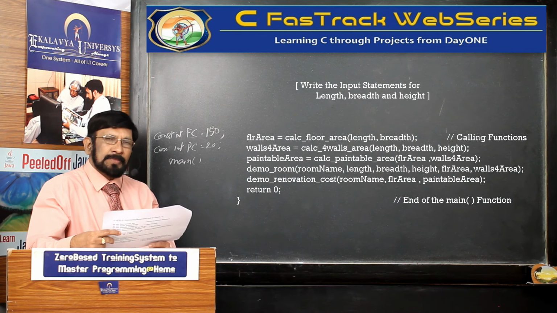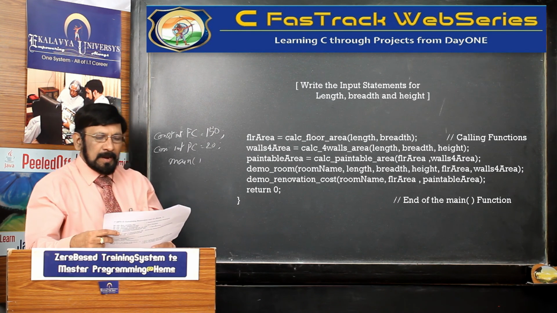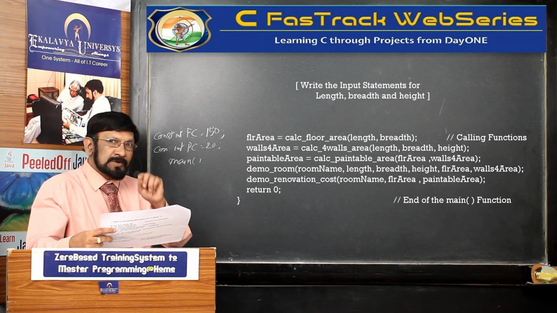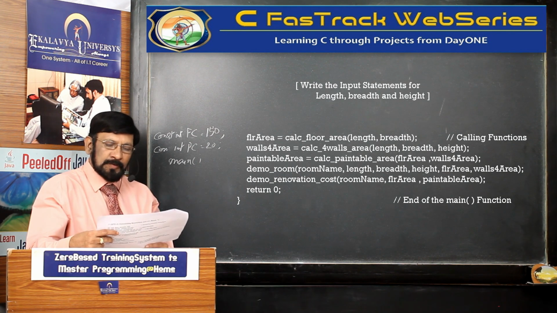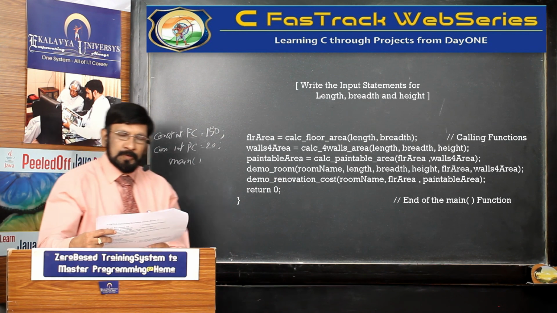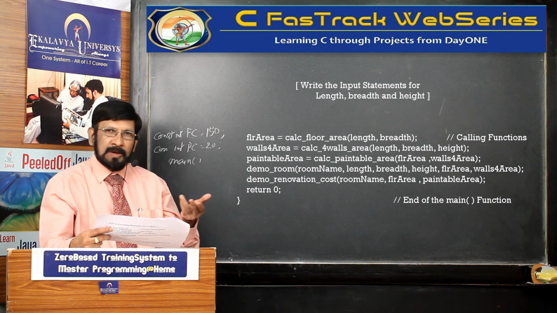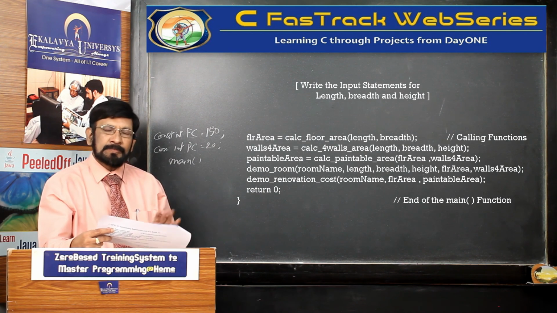It is also a function with arguments with a return value. Next one, demo room, already explained. Demo renovation cost: here, which arguments do you have to provide? Room name obviously, and floor area and paintable area. So the calling of functions is over. Then return 0. Then the main program is over.